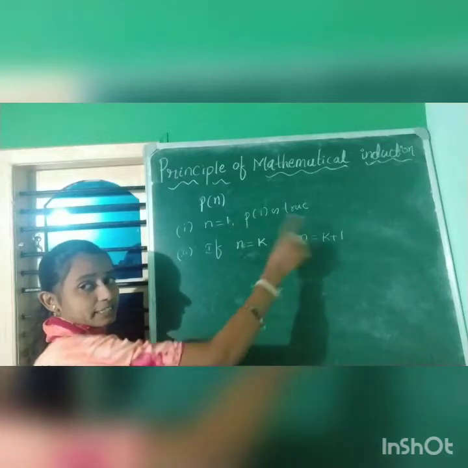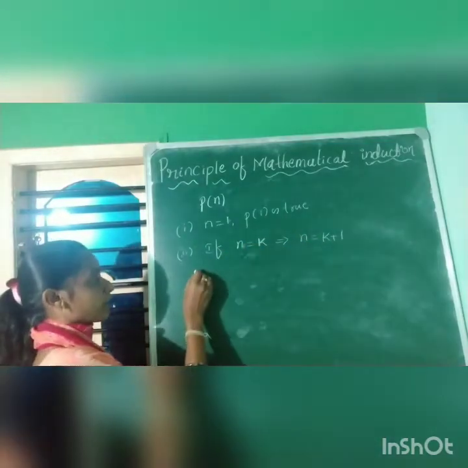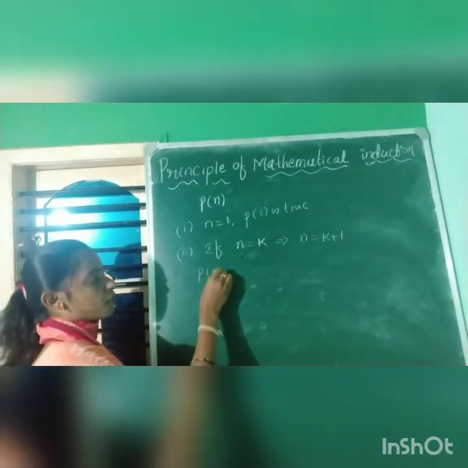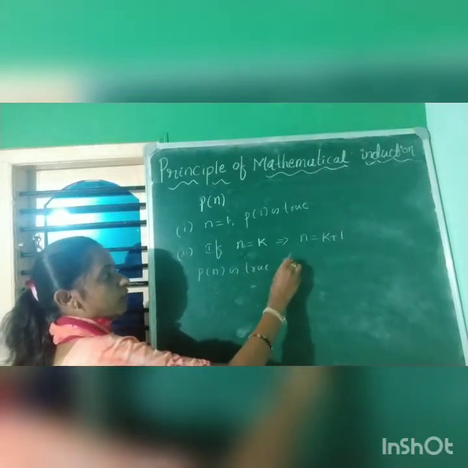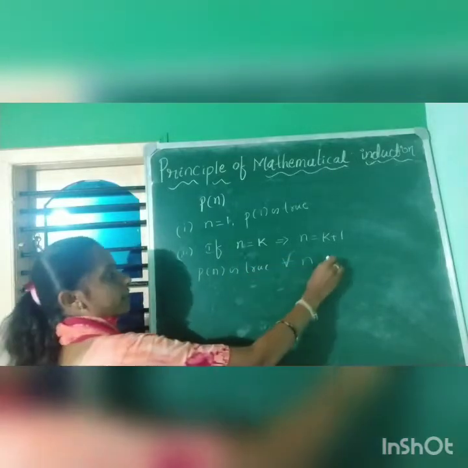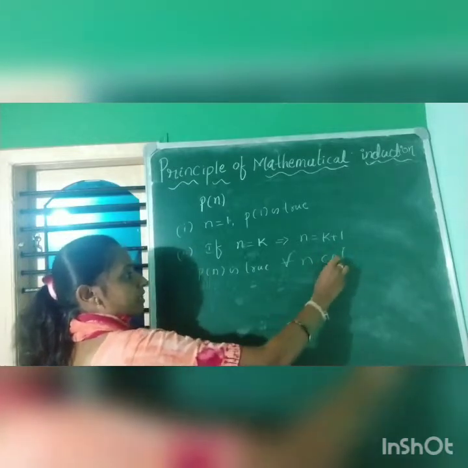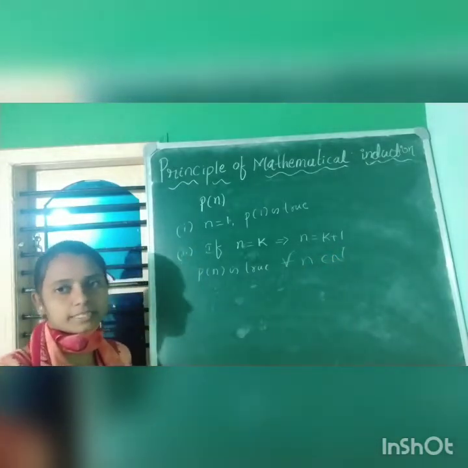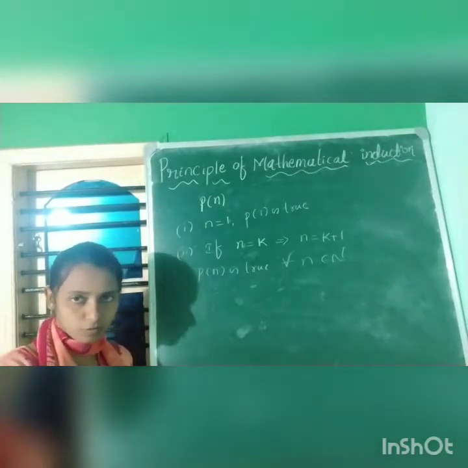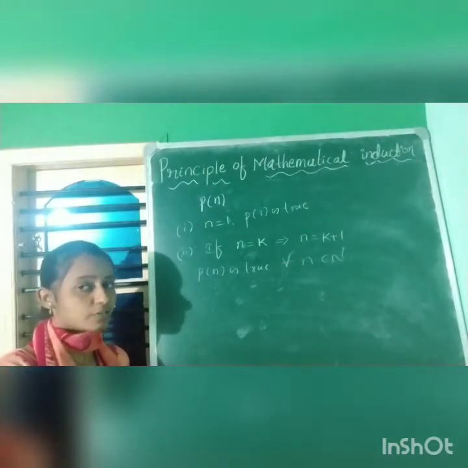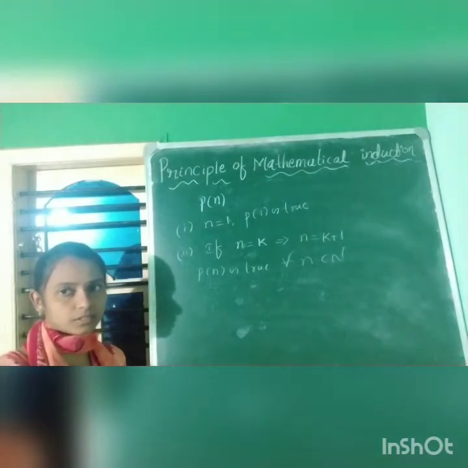Once these conditions are satisfied, you can conclude that P of n is true for all natural numbers n with the help of the principle of mathematical induction. Is it clear? So I'll solve only one problem. You should listen carefully. I'll just take one simple result.